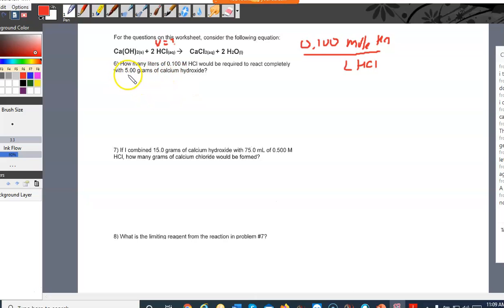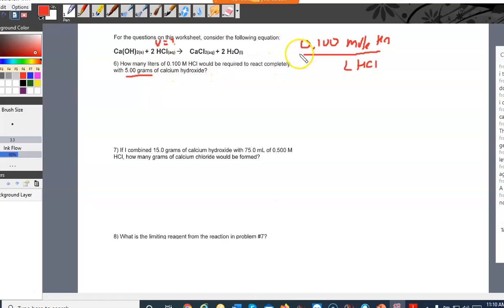All right, so I'm going to start with the 5 grams of calcium hydroxide because I know how to get this into moles. Of these two numbers, it's the only one I have enough information to convert to moles. I don't know how many liters I have.